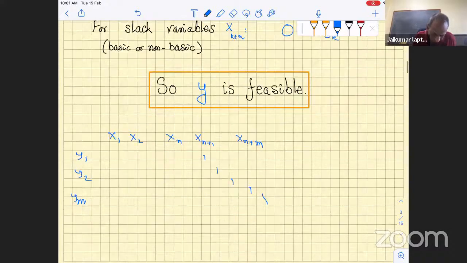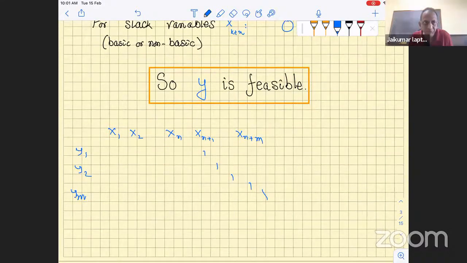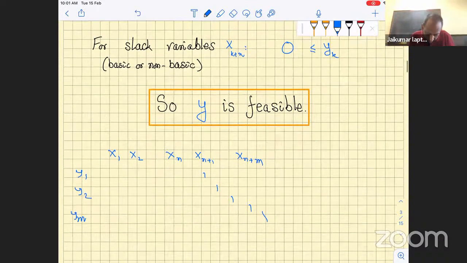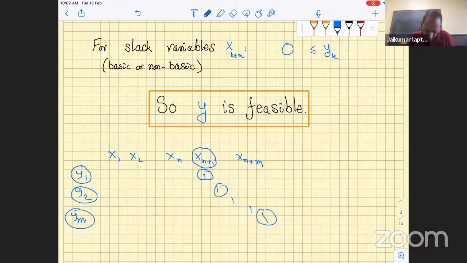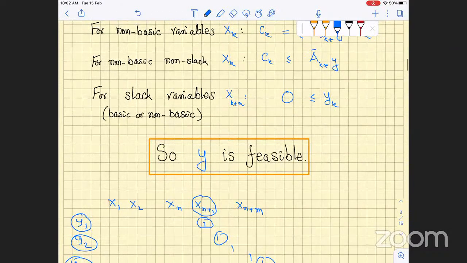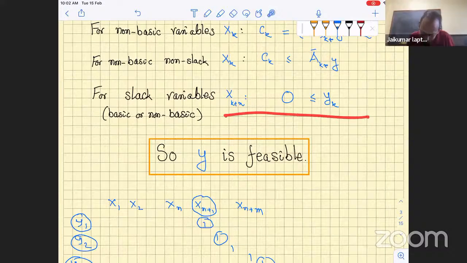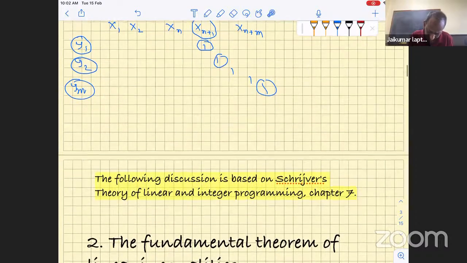So there are only m variables for which we need to ensure non-negativity on the dual side. And the first of those yi's will get its non-negativity out of analyzing the first slack variable, the second from the second slack variable, and the mth from the mth slack variable. Sure, that is what I meant to write here.